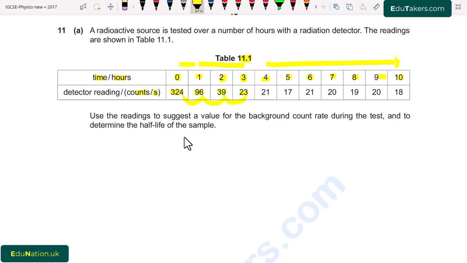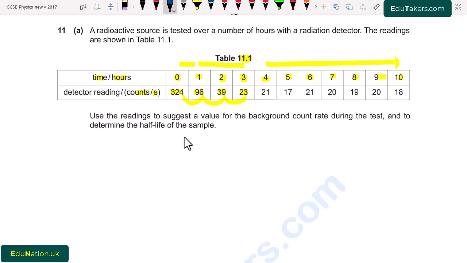Use the readings to suggest a value for the background count rate during the test and to determine the half-life of the sample. So here we have to use these readings and find out the half-life of the sample. From the 4 to 10 time interval, these readings are good for background radiation. I take the average and find out the background count.